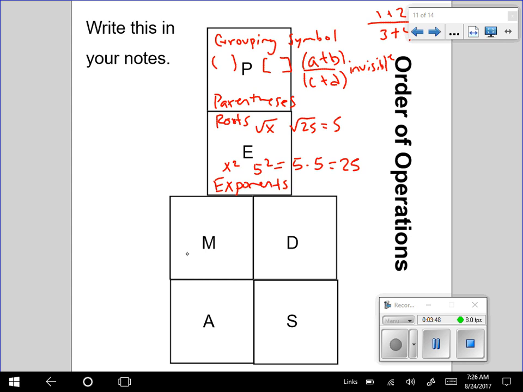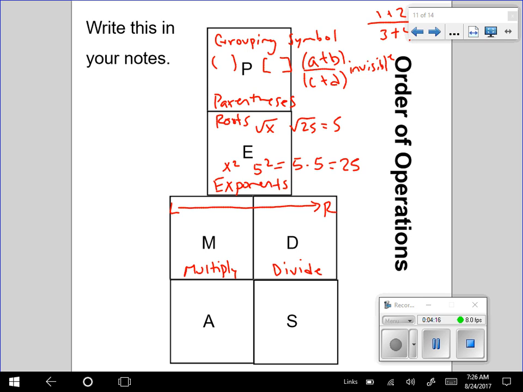Moving down to our next tier, you see that they are no longer stacked on top of each other. They're on the same level. Why? Well, you know M stands for multiply, and D stands for divide. But we don't multiply before we divide necessarily. We just work from left to right when it comes to these two. They have the same power to work.